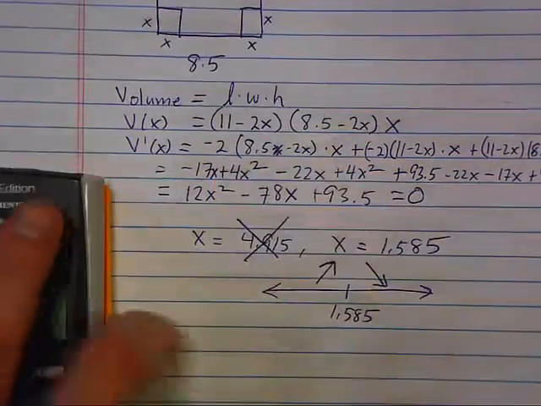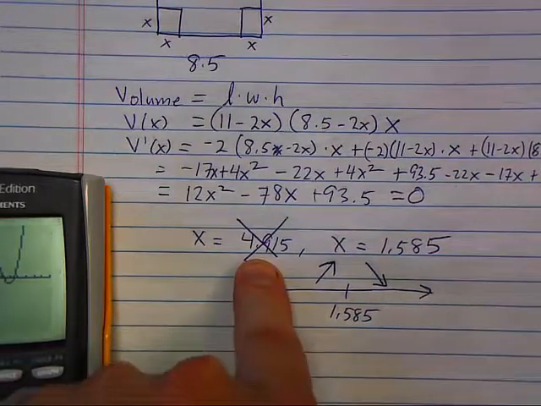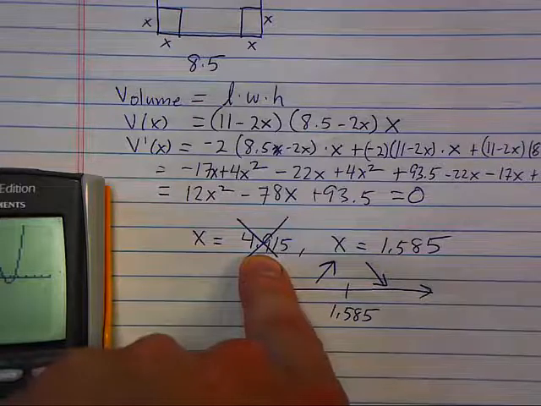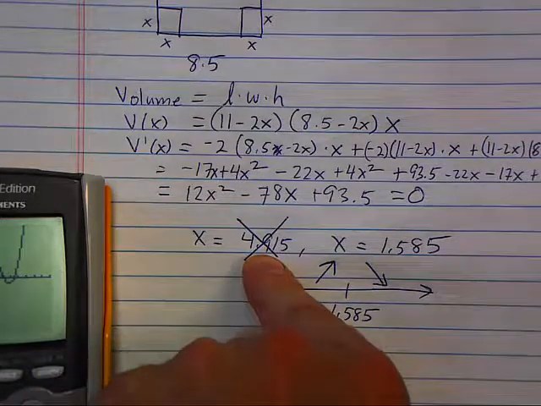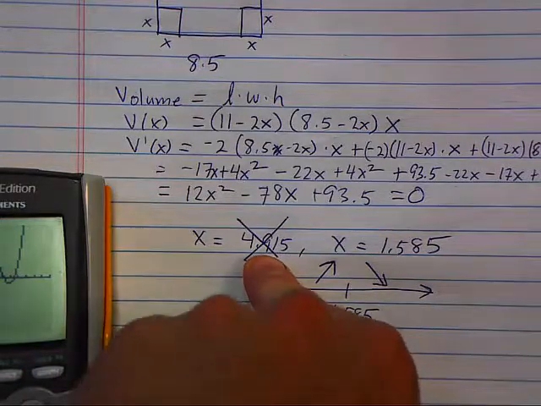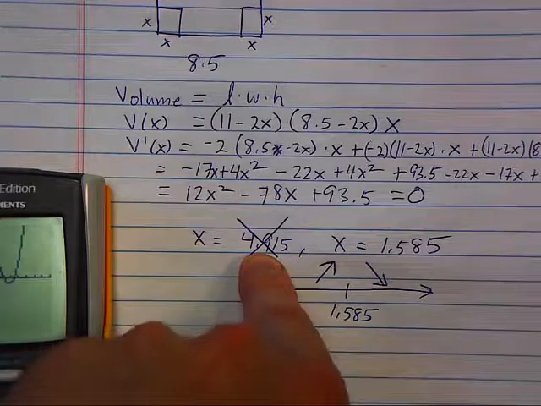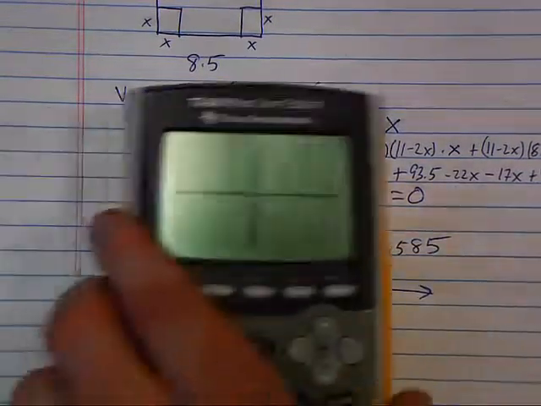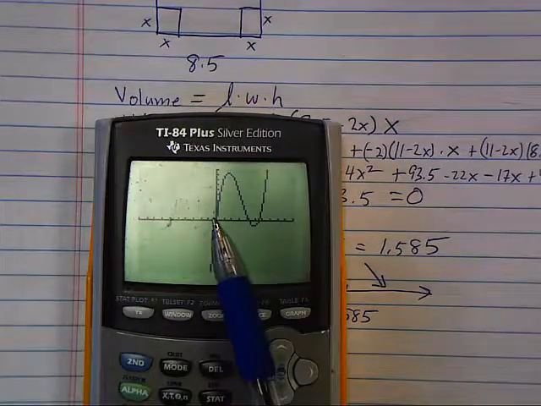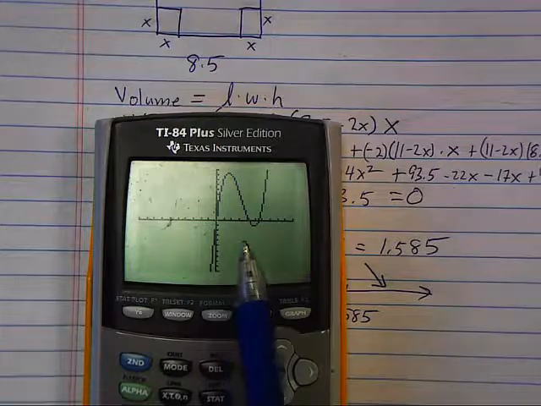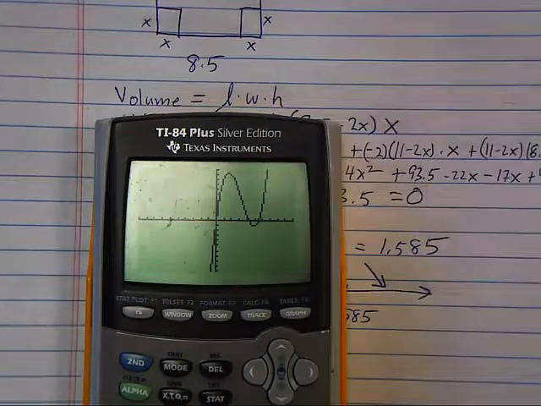Well, if it could be as big as 8.5, then what was wrong with 4.9? It's 4.25. It's got to be less than 4.25. It's going to be less than 8.5 divided by 2, right? Which is 4.25. So, between 0 and 4.25, which is our usable domain, is this the absolute maximum?